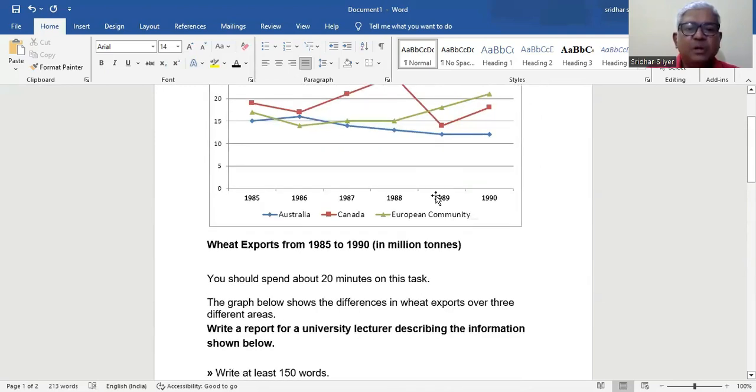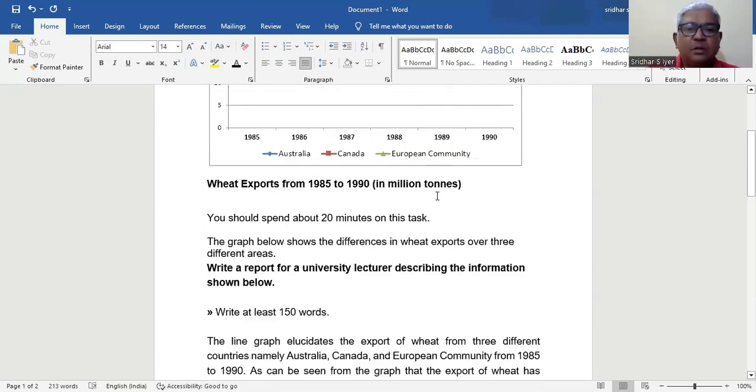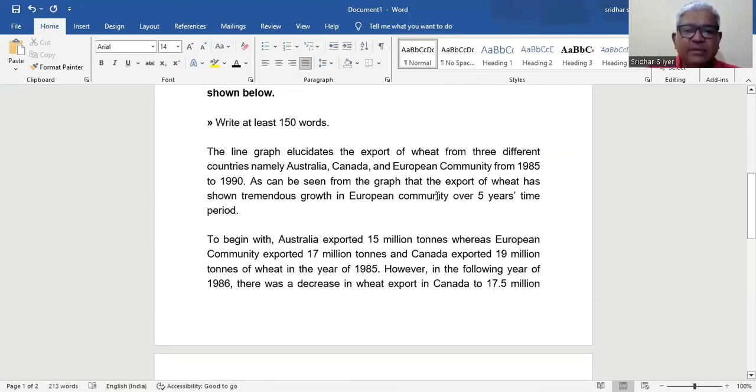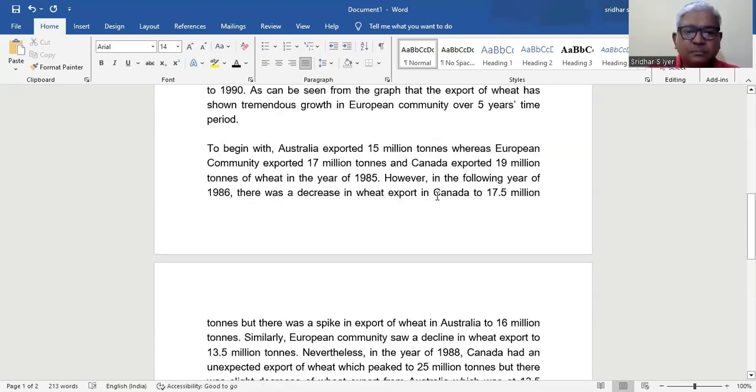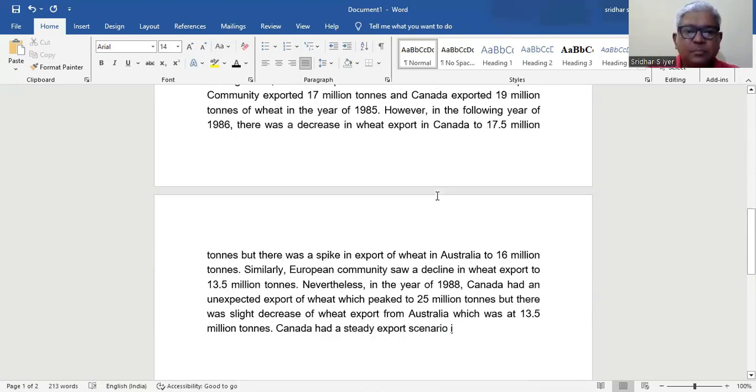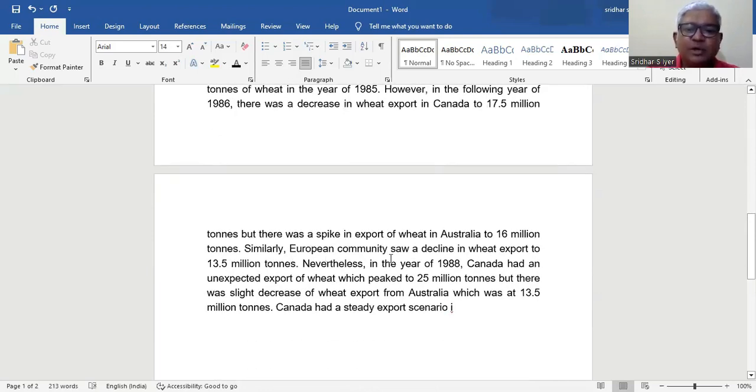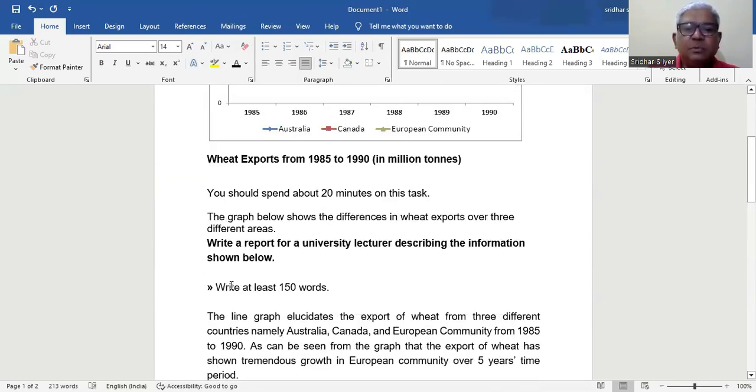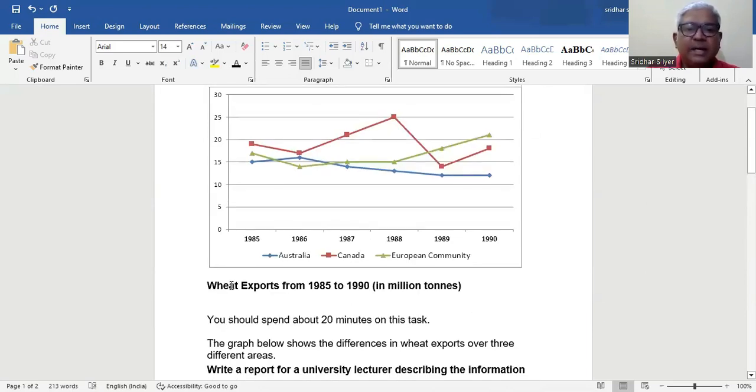Okay, which is actually correct. Till here, we are right. Similarly, European Community saw a decline in wheat export to 13.5 million tons. Correct.